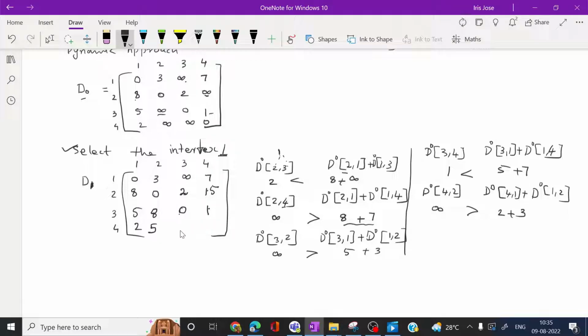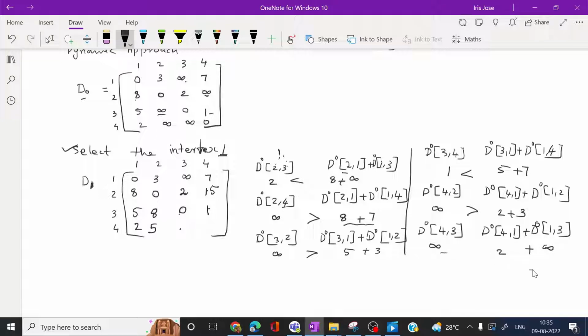Then next is 4 3. D043 will be compared with D041 plus D013. D043 is infinity, D041 is 2, plus D013, which is infinity.